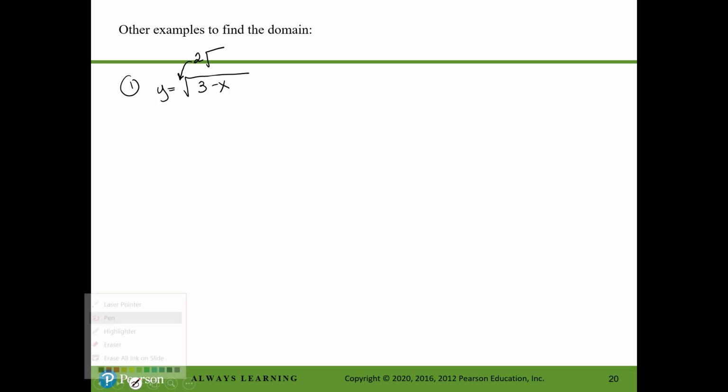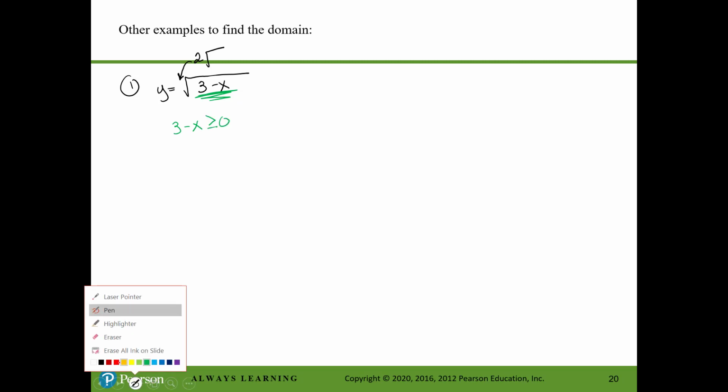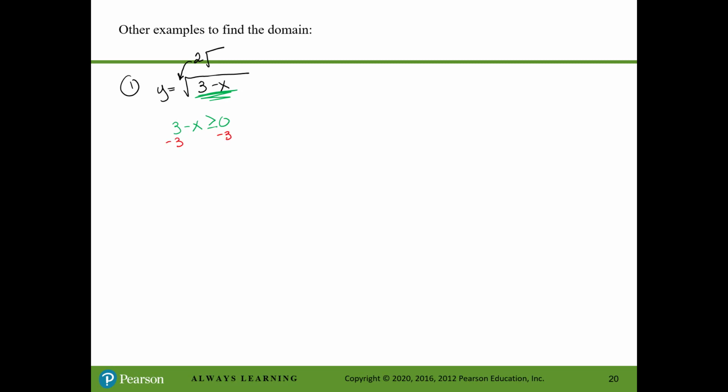So, you need to make sure that what's under here remains what? Yes, positive. And numbers are positive when they are what? That's right, greater than or equal to 0. So, let's do our work. We'll minus the 3 over, right? Which gives us negative x greater than or equal to negative 3.